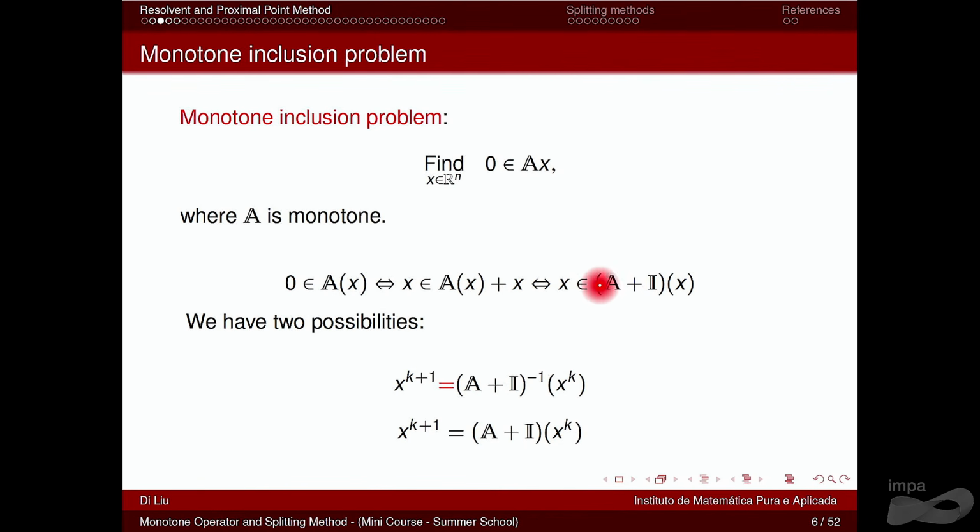So if we can find the fixed point of A plus identity, we can find the solution of this inclusion problem. So we have two possibilities. We can use the operator A plus I here, or the inverse. But I use this equal sign in red because sometimes the equal is not correct here. We need to use belongs to. I will explain it more later in the following slide.